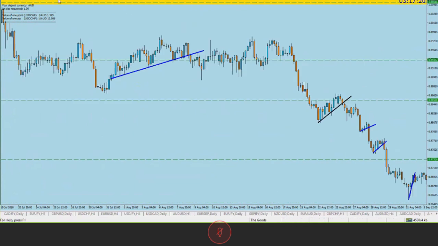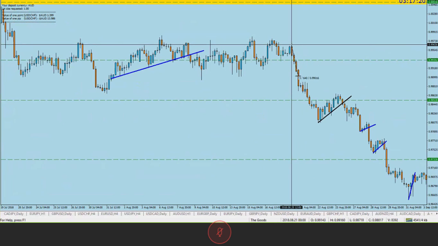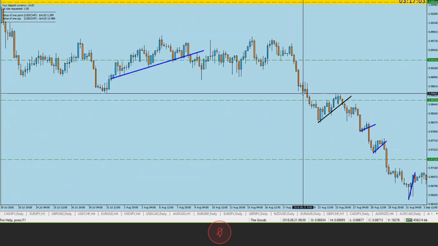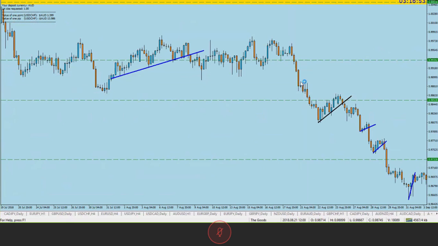So like this move right here, these trend candles, how many of them are there? There's 4 candles and they covered 94 pips. 4 4-hour candles and they fell 94 pips. Then we have 3 retracement candles, these 3 right here, and they retraced 23 pips.